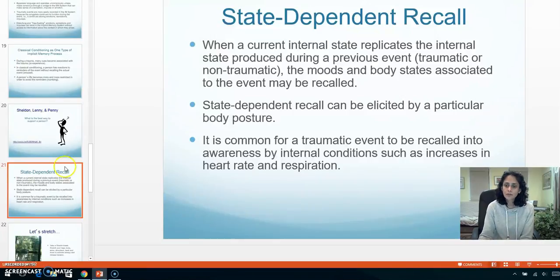To give you an example, if you were given certain medications and one of the side effects of the medication is to raise your heart rate, and suddenly your heart starts racing because of the medication, your body is going to remember another point in time when your heart was racing like that, and you will again face some flashbacks, or you will recollect something and you will not know why you're feeling the way you're feeling. So that's implicit memory.